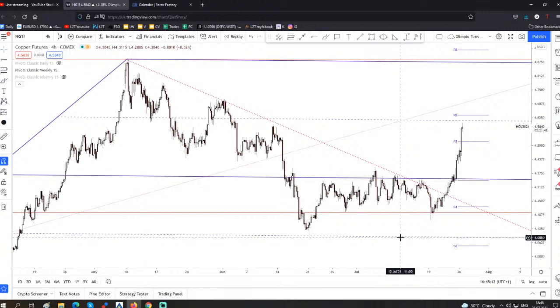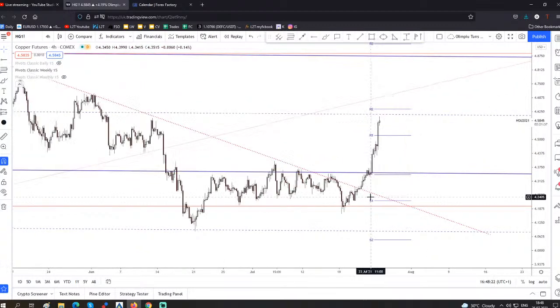I've told you that I'm not managing that swing Telegram group, but yeah, so we had an aggressive rally here, breakout.